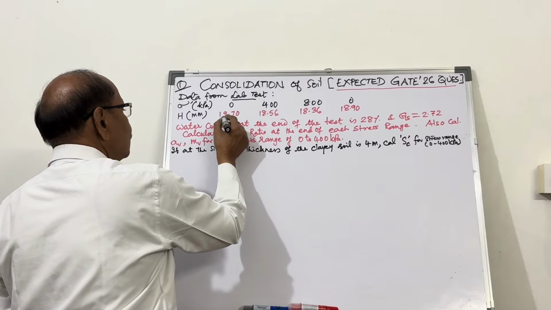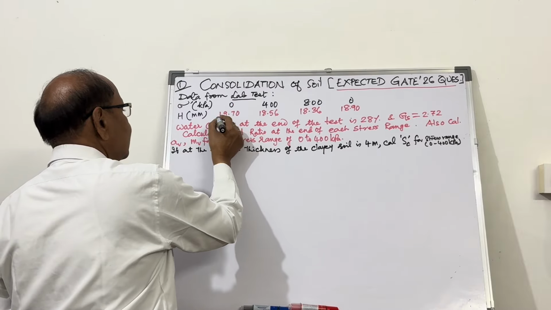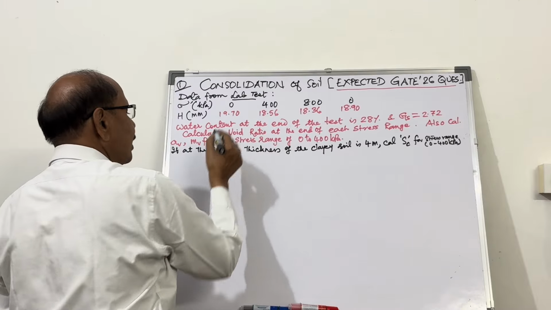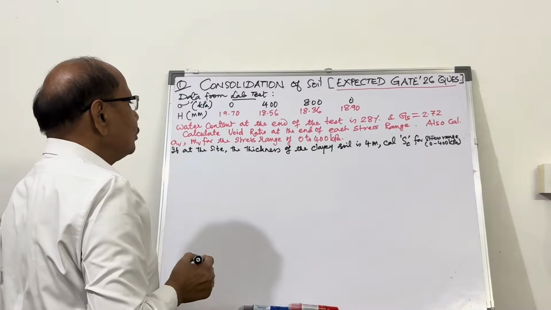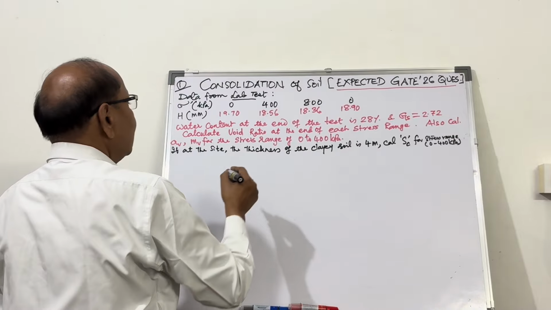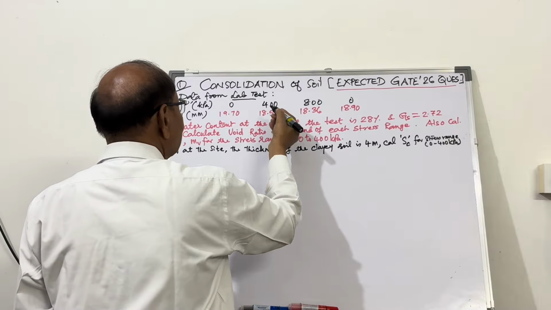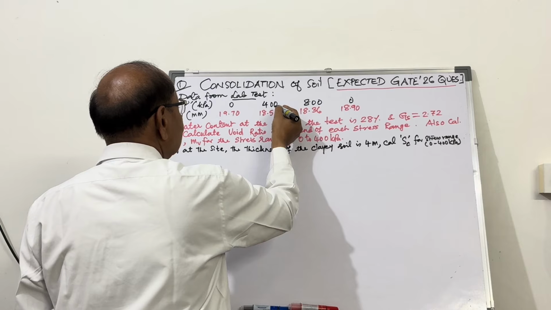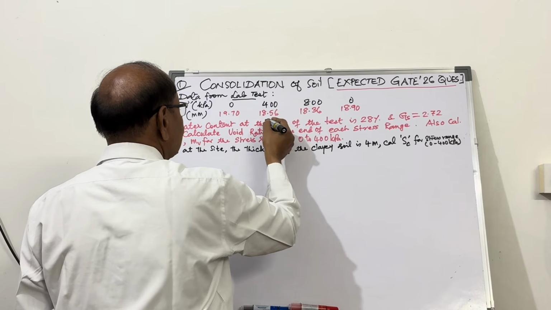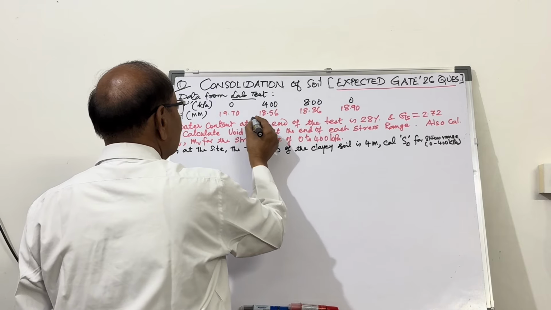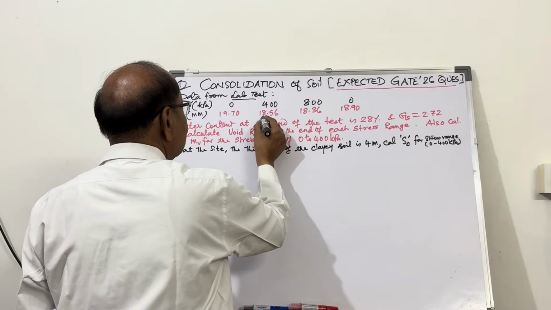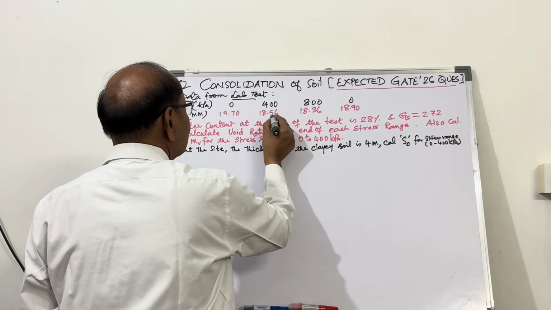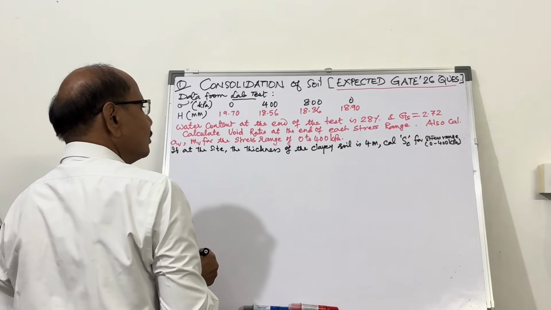So at 0, the thickness of the sample is 19.70 millimeter and the pressure is increased over the sample, which is a fully saturated clay sample, to 400, and therefore there is going to be a reduction in the sample thickness and it becomes 18.56.